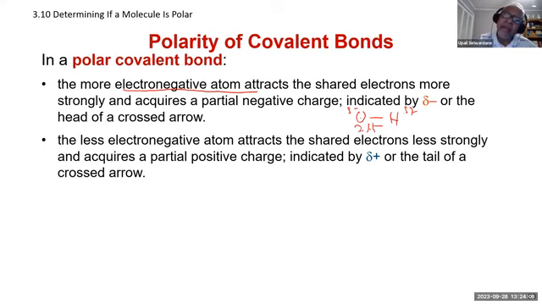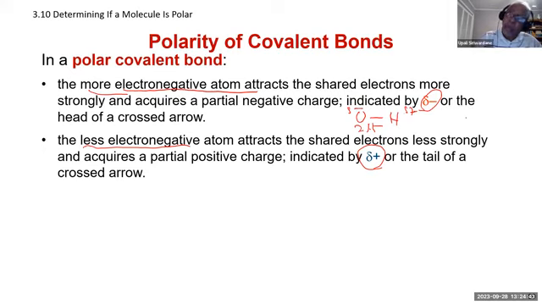And hydrogen has a partial positive charge. The delta symbols indicate partial positive or negative charge on either of these atoms making the bond. Delta plus means the less electronegative atom. The more electronegative atom has the negative charge.